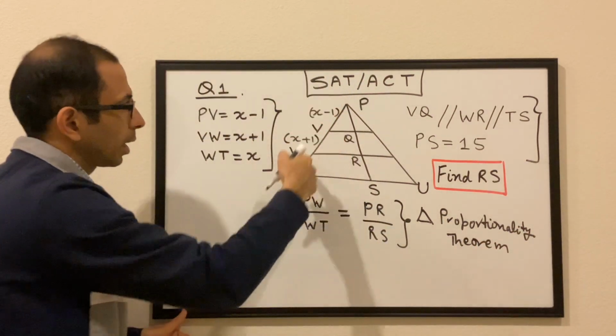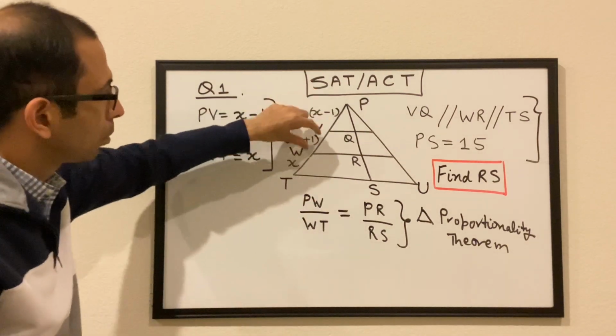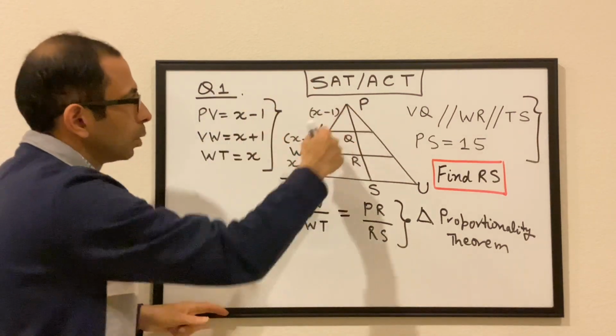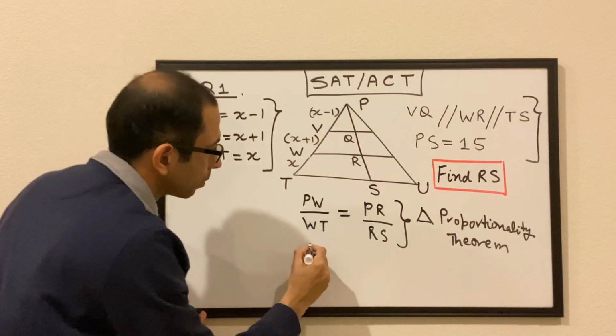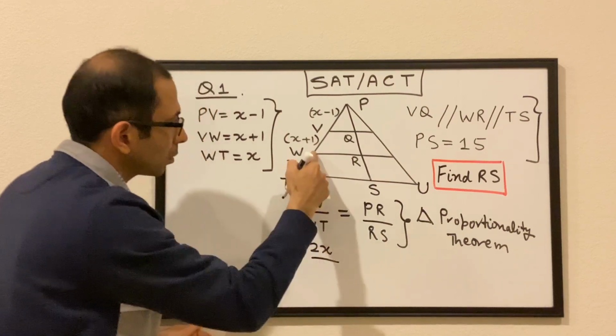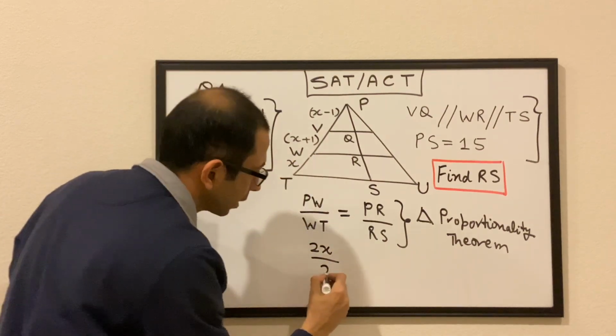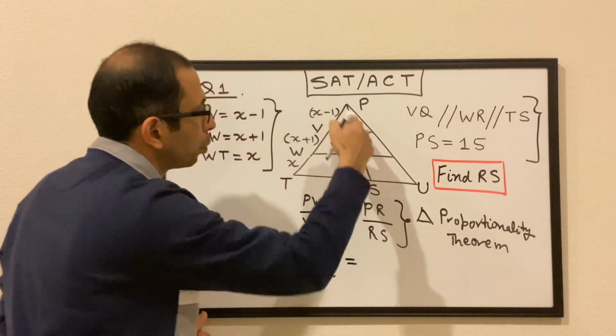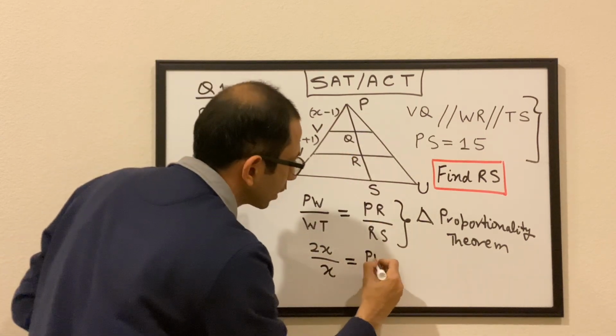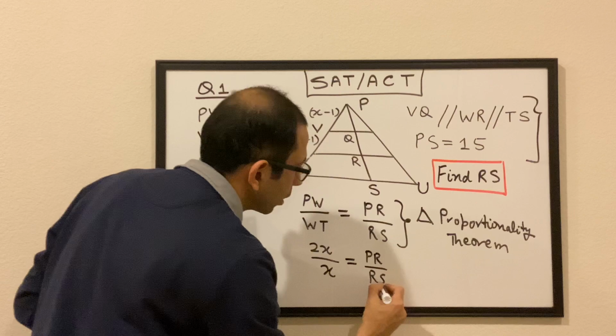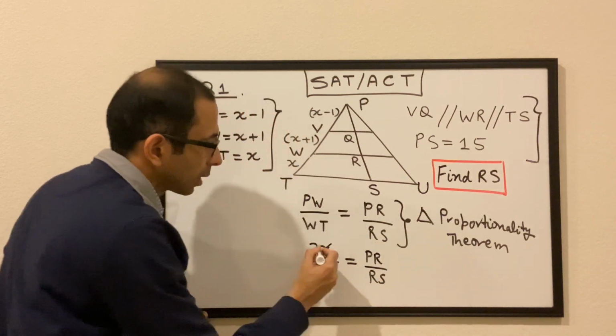Now we see on this side, PW is what? X minus 1 plus X plus 1. So PW is like 2X. WT is already given as X, so 2X over X is equal to PR over RS, correct? X and X cancel out.